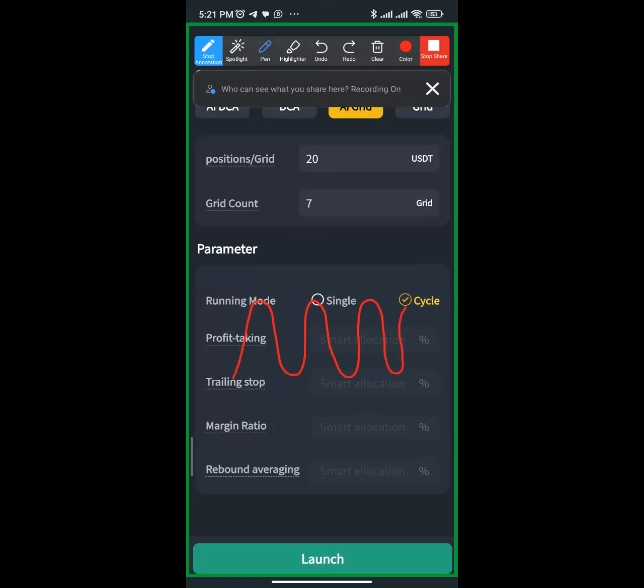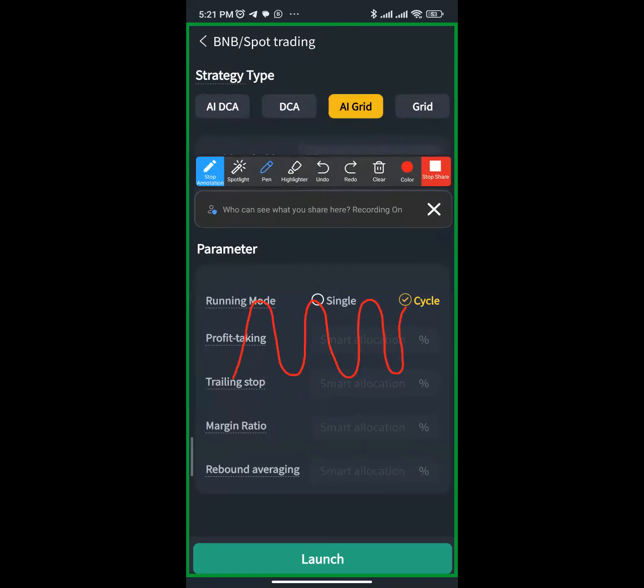So Bitcoin and Ethereum are good examples of coins to trade on AI grid. Now, when you get to the AI DCA, it's good for you to trade the volatile coins on AI DCA. The robot will be able to collect some good profits.